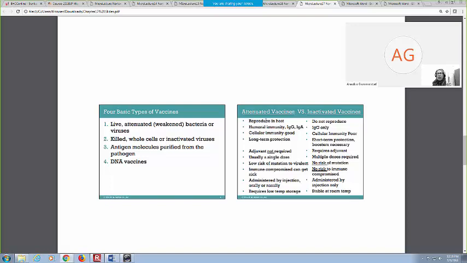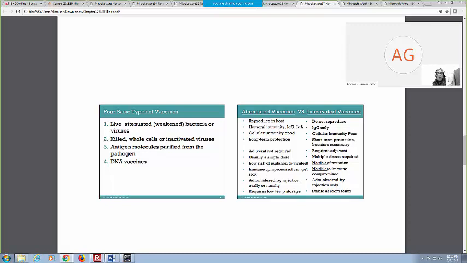The key difference here is that attenuated vaccines reproduce. And because they reproduce, they're capable of changing again to be more virulent. So that's one risk, very low, but one risk.